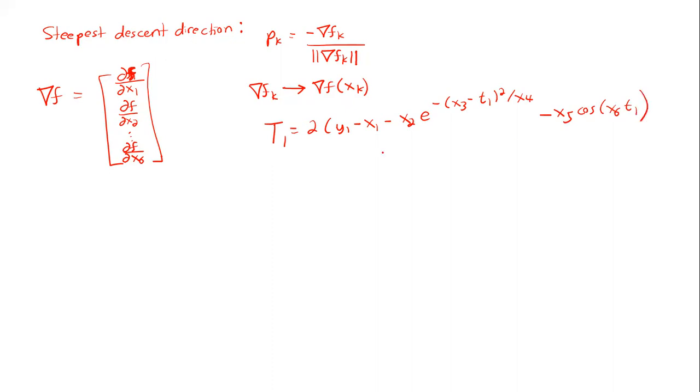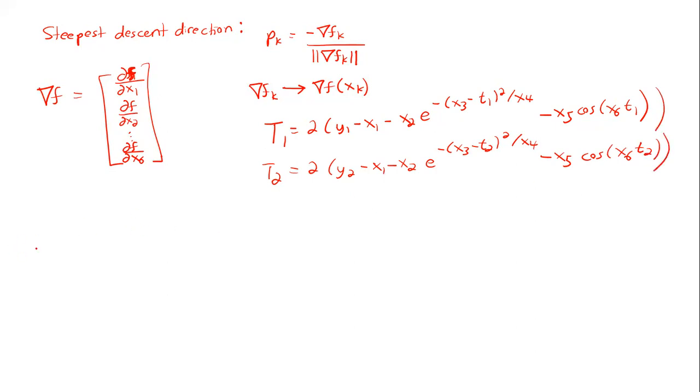And I'm going to make a similar one for T2. So it's going to be 2 times y2 minus x1 minus x2 e to the negative x3 minus T2 squared over x4 minus x5 cosine of x6 T2.